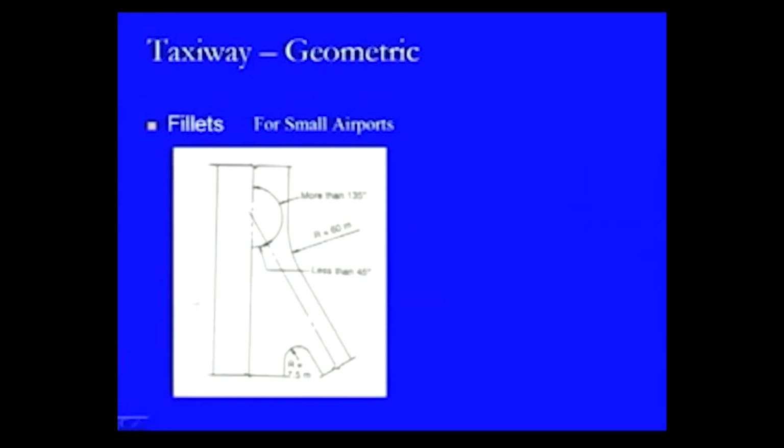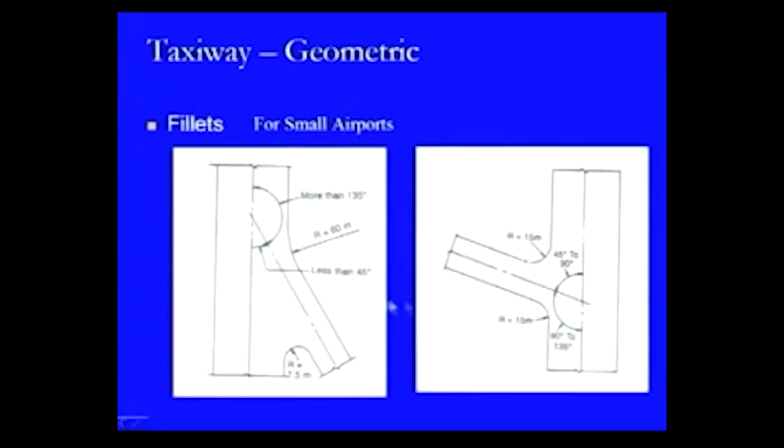Now, we look at the fillet for the different conditions. Here in the case of the small airport, we have the runway strip and this is the taxiway. Here the turning angle is more than 135 degrees, so the radius should be 60 meters at this location, whereas at this other location it is governed by the 45 degree angle, and therefore this radius is 7.5 meters.